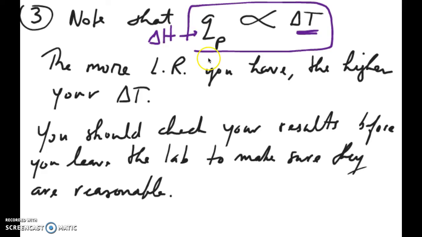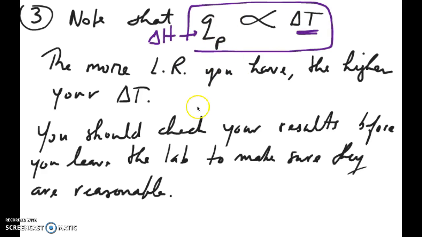So you shouldn't worry too much about getting a number that's a little bit different, because in the end it's going to be divided. But pay attention that the delta T goes up only if the mass goes up. If the mass goes up and delta T doesn't go up, then there's something quite strange there. Or if the delta T goes up without the mass changing, then something is a little strange there.